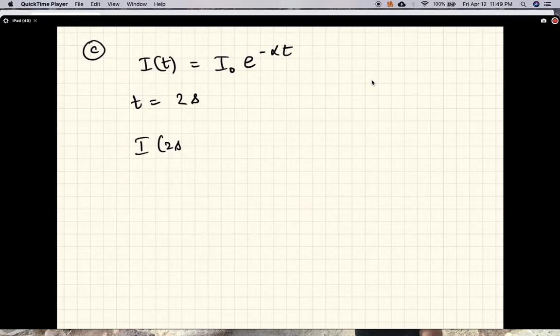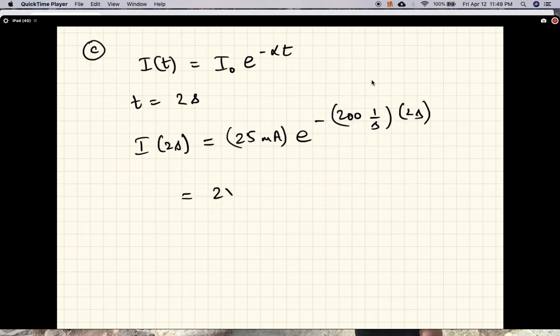I at 2 seconds equals 25 milliamps times e to the power of minus 200 per second times 2 seconds. And you notice that at t equal to infinity, the current goes to 0. You'll see that 2 seconds is going to be a long time.